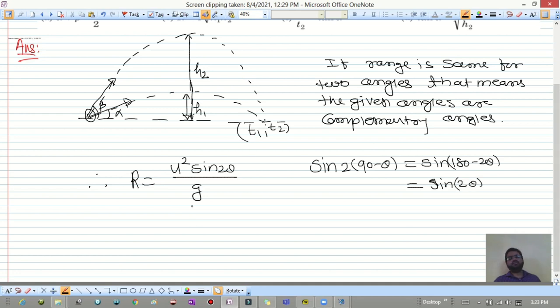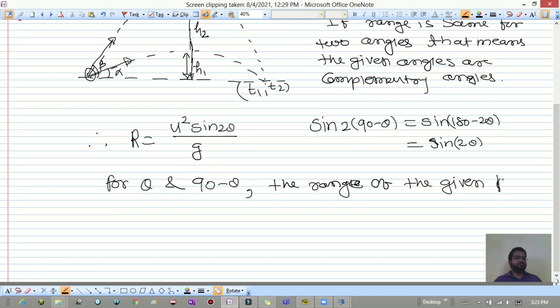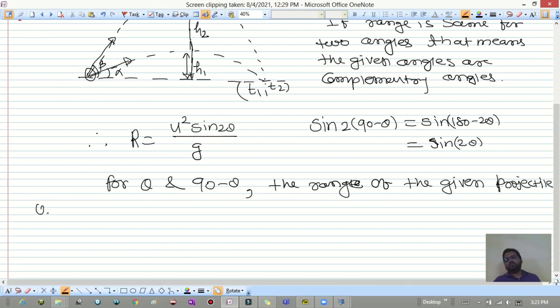That indicates what? For theta and 90 minus theta, the range of the given object or projectile will be the same.